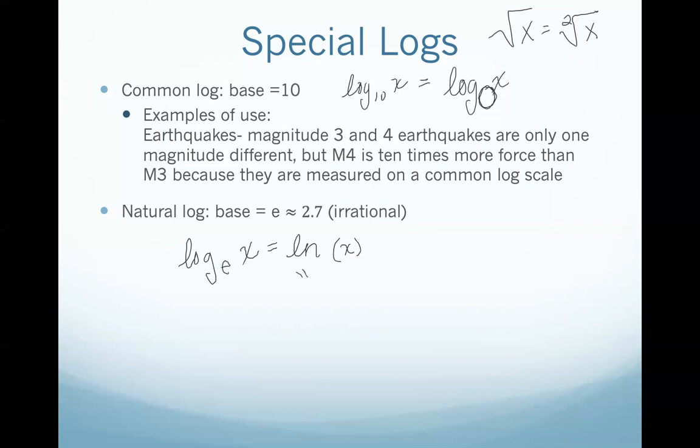So you will still read this, the natural log of x, or you can say log base e of x. Okay, those are the acceptable ways to read ln of x, the natural log of x or log base e of x.